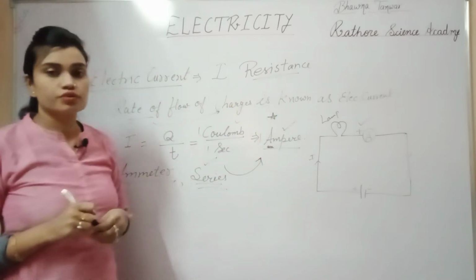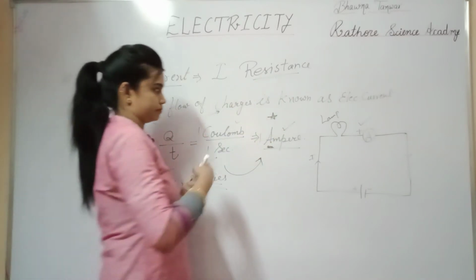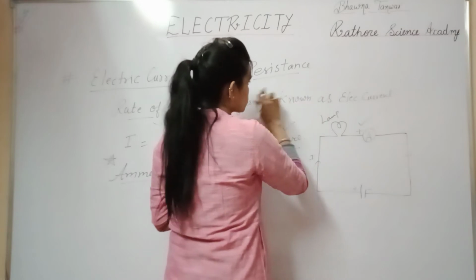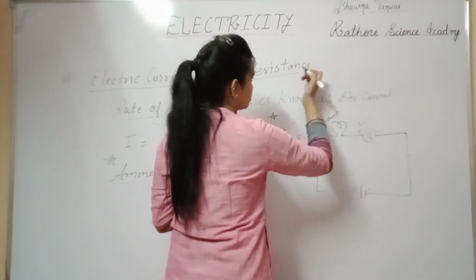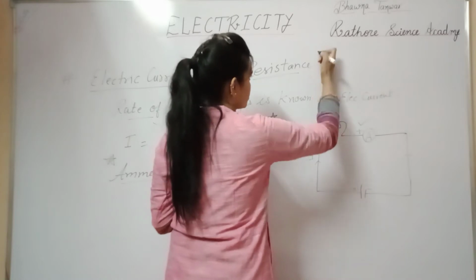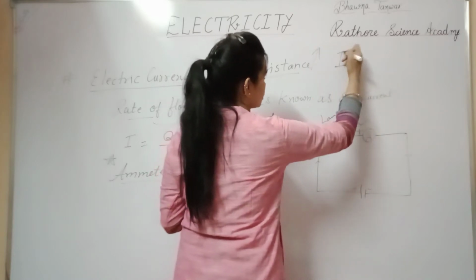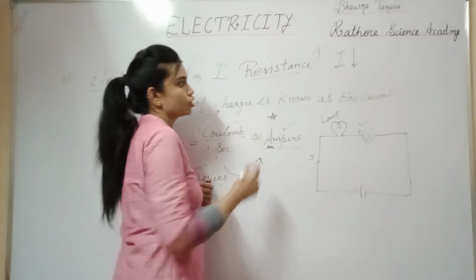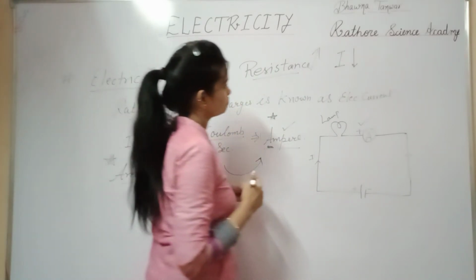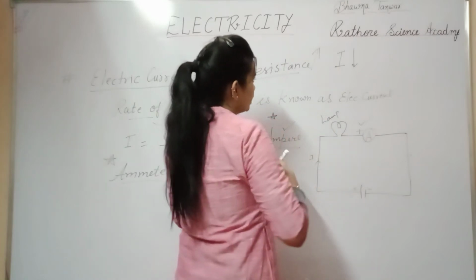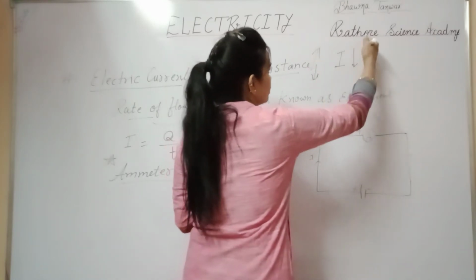It opposes the current, stops the current, right? That means if resistance is high, current will be low, because it works as a barrier for current. And if resistance is low, current will be high.